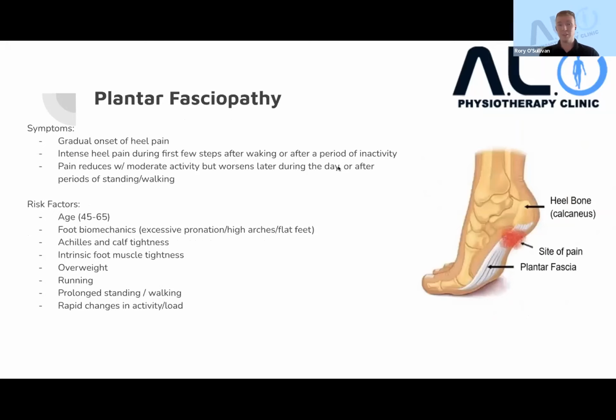Plantar fasciopathy is a very stubborn one that we would have seen a lot of in the clinic as well. It's a gradual onset of heel pain. You usually see it after a run, and then maybe start to notice it when you're walking or standing. The hallmark sign is intense heel pain during the first few steps after waking, or if you've been sitting down at the desk for a long time.